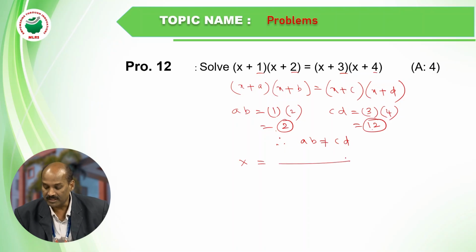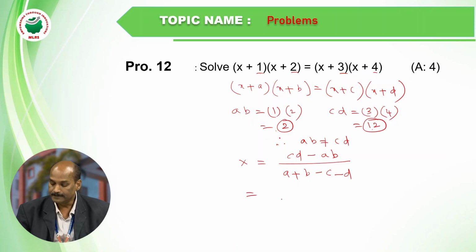The answer from Vedic mathematics is: CD minus AB, divided by A plus B minus C minus D. Like that you remember. Okay, now just substitute the values.